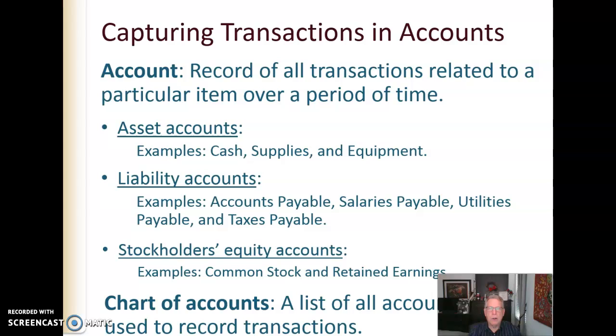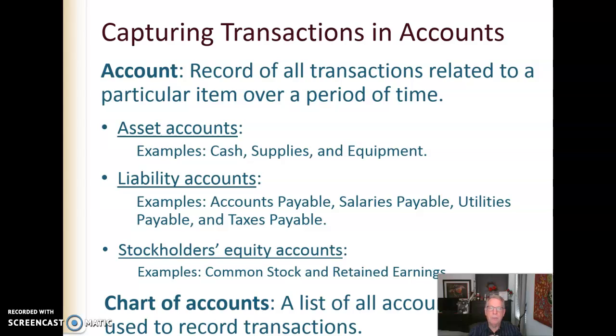It's going to be called a fixed asset or a long-term asset or a plant asset, because we don't expect to sell that equipment for more than a year. If we expect to sell our supplies and our receivables and all that within a year, that's a current asset.